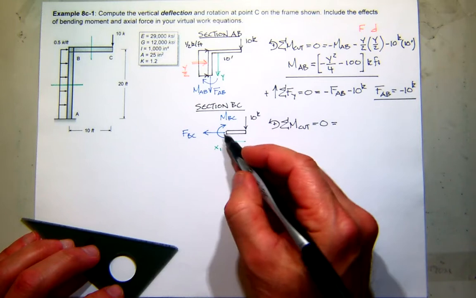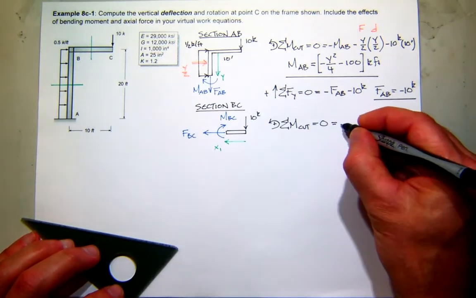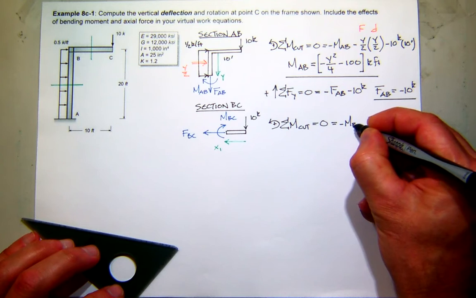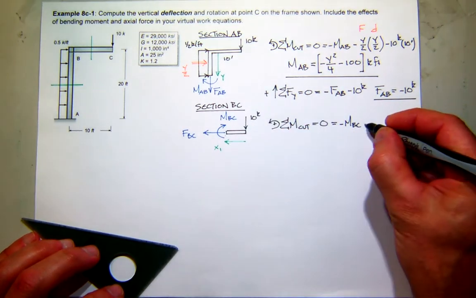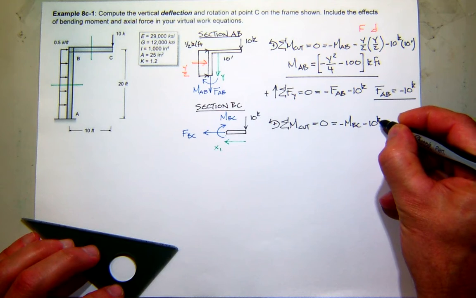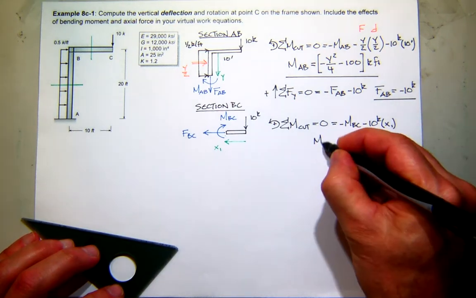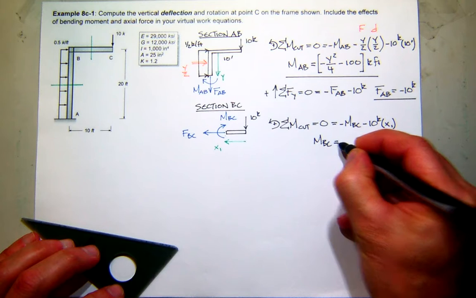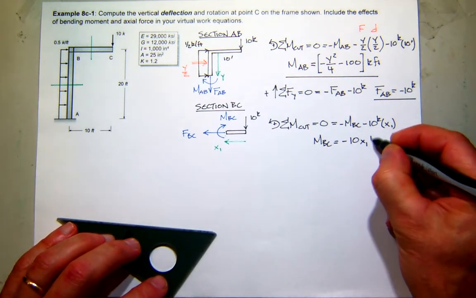So what do we have here? What kind of moment is BC with my sign convention? Positive or negative? It is negative. And the moment of this 10 kip about the cut, positive or negative? Negative. So it's 10 kips times the distance of x1. So the real moment in BC is equal to minus 10 x1, and that will be kip feet.